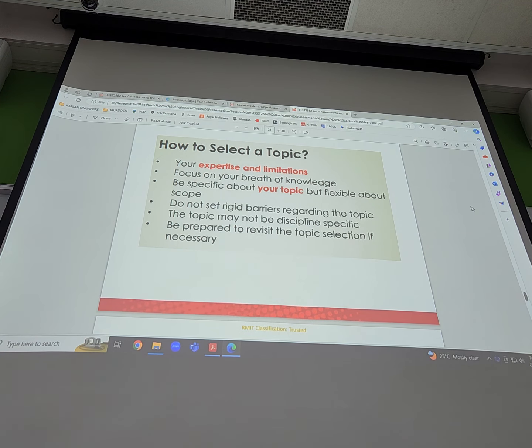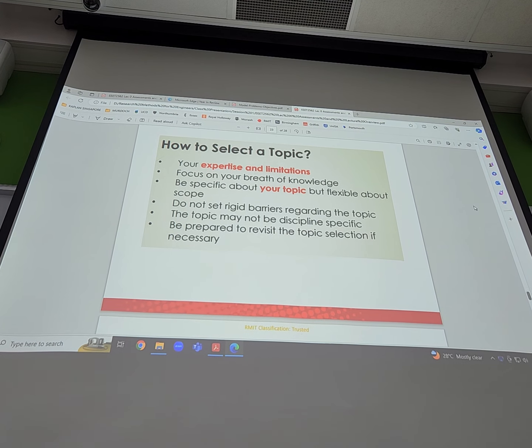There you can get facilities. But because you have chosen not to be there, we strongly recommend you pick a topic from your workplace. If that is not possible, then pick something related to your interest and passion.